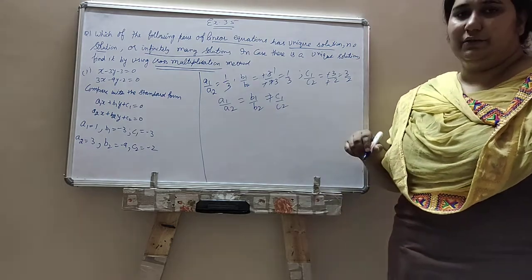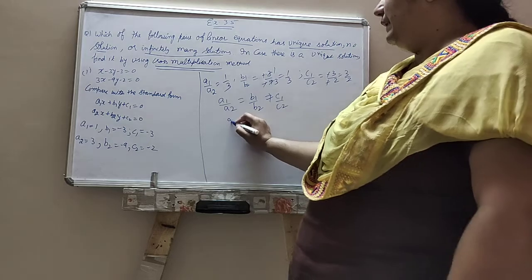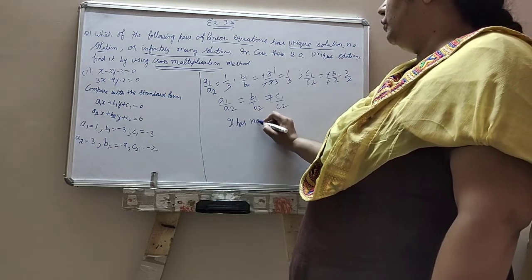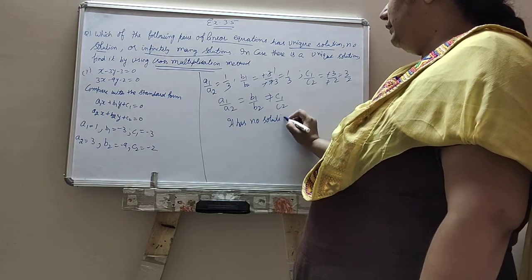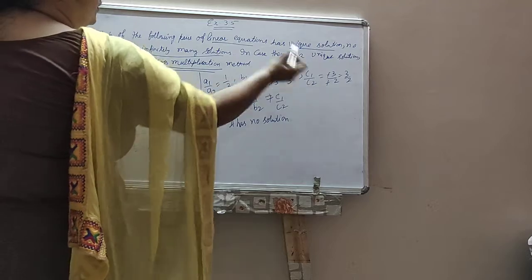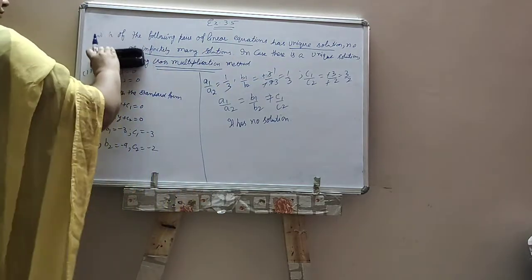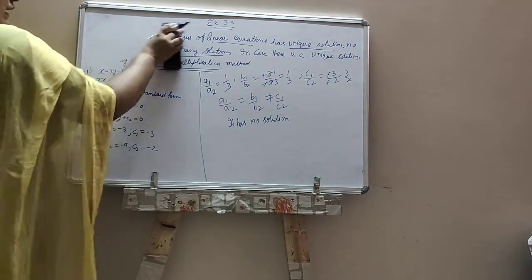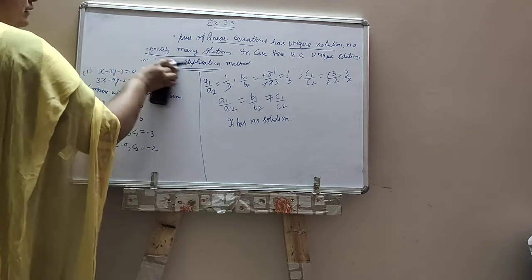Which solution is this? No solution. It has no solution. Note it. We will do the second part. But why did they say that only in case of unique solution, we have to find the solution? When a unique solution comes, only then we have to find the solution. So note it.